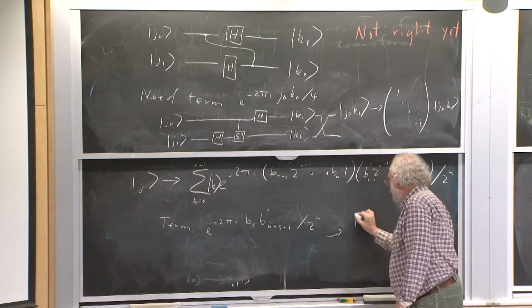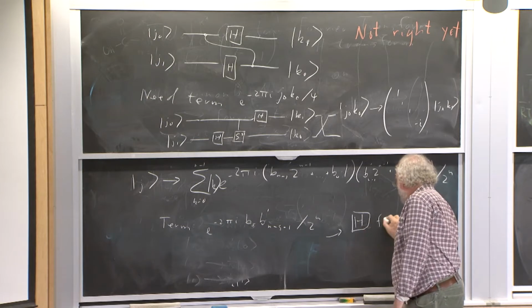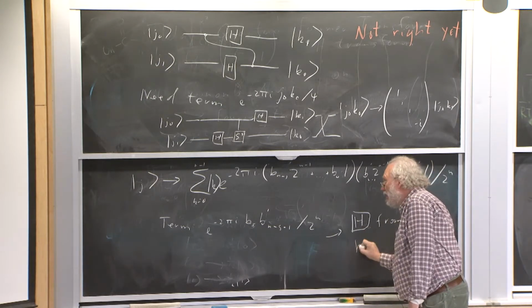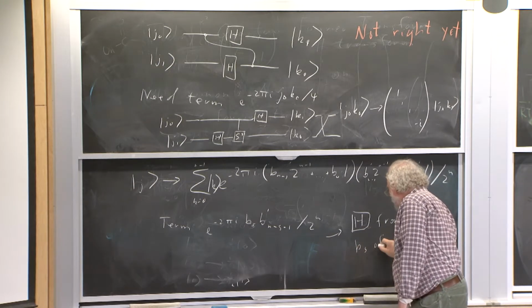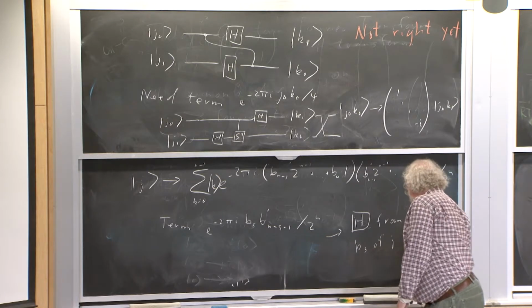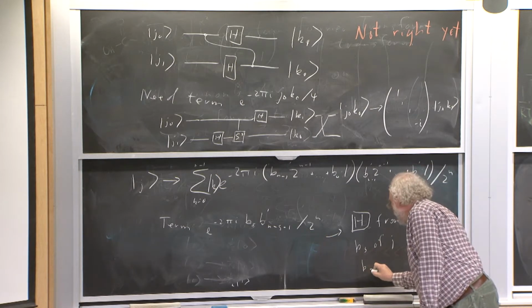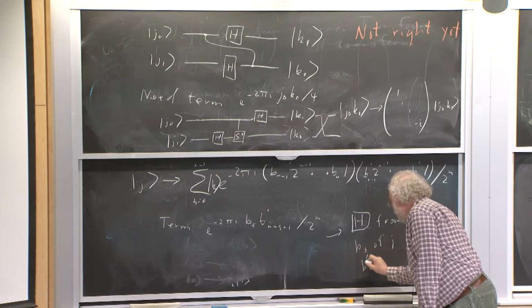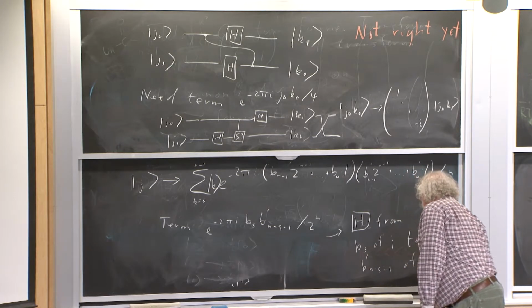Is a Hadamard from b sub s, bit s of j, to b prime n minus s minus 1 of k.